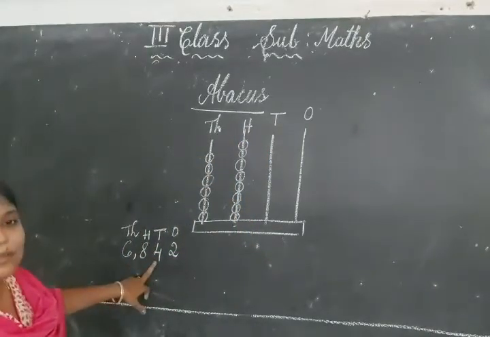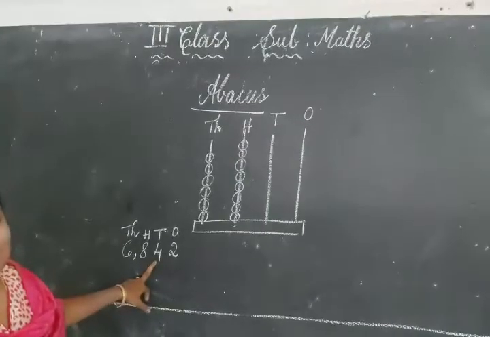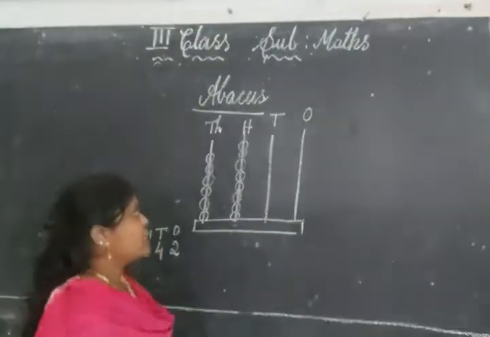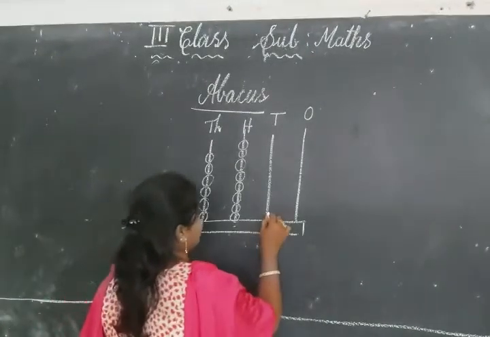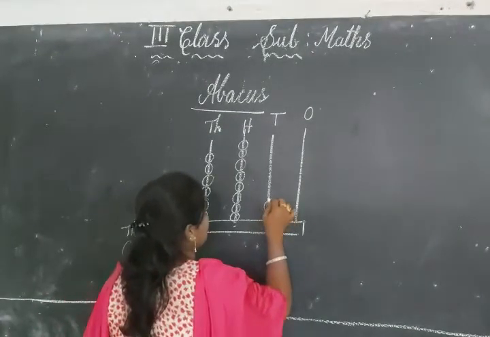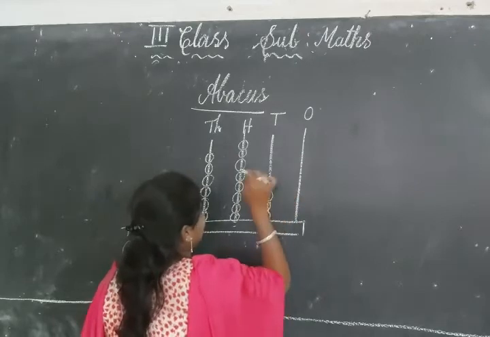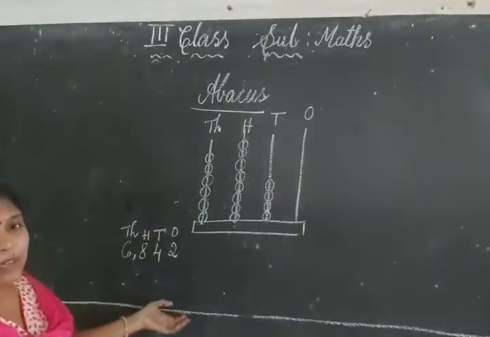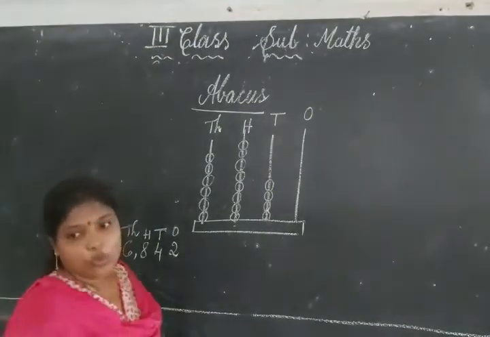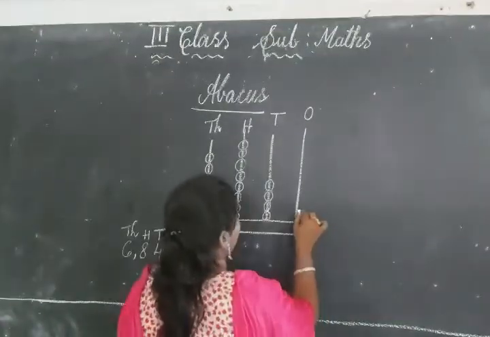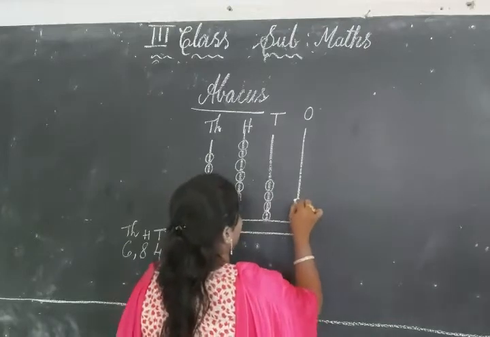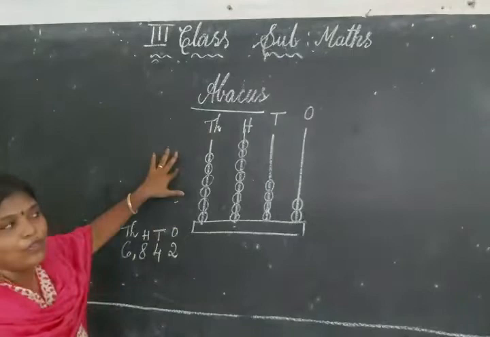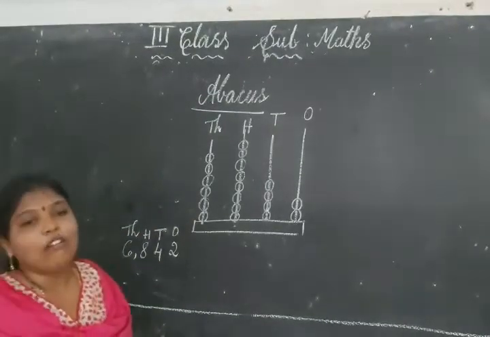Now, what is the number in tens place? It is 4. So, you have to draw 4 beads on tens rod. 1, 2, 3, 4. Now, what is ones place number? It is 2. So, just draw 2 beads on ones rod. So, this is how we represent numbers on abacus.